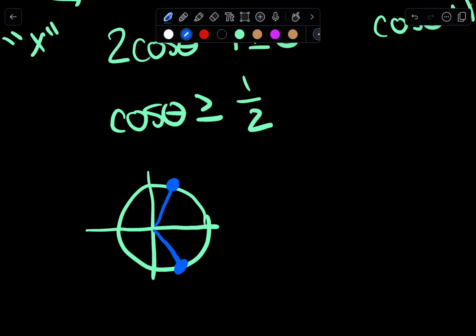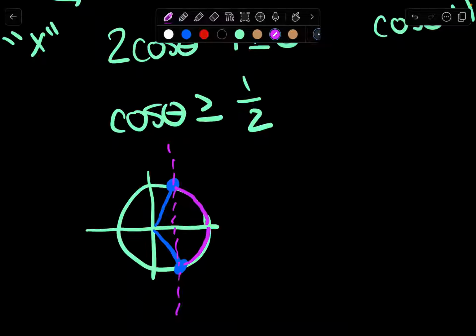So we want to look at what intervals will satisfy this inequality. Well, if we think back to the previous video, we're looking at the x values, and if it was just what the previous video was, it would be from 0 to pi over 3, and then 5 pi over 3 to 2 pi, all right?